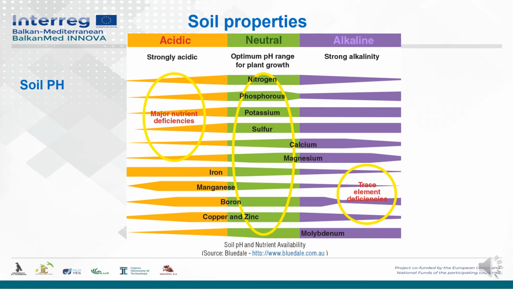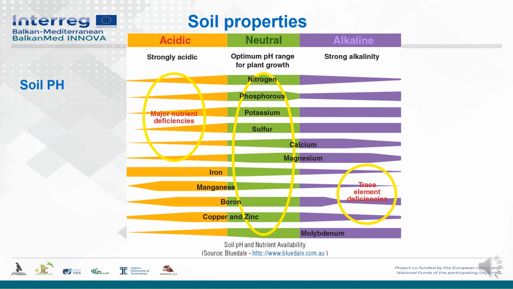So you see this for acidic environment, neutral and alkaline. As you see in the middle of the image, where the pH is neutral, we have most of the nutrients soluble and they can be taken by plants.